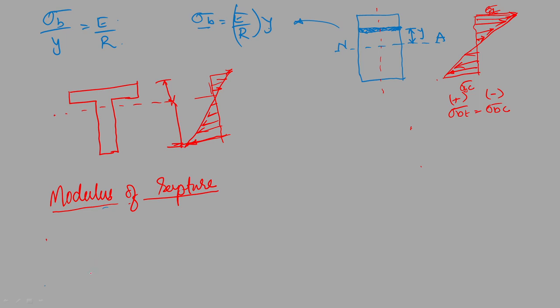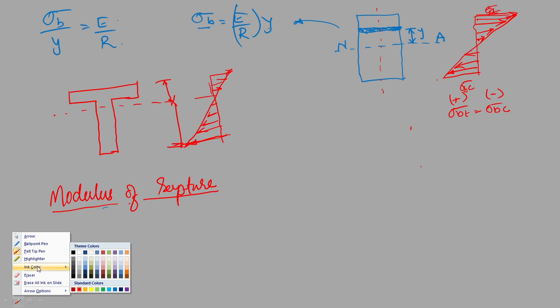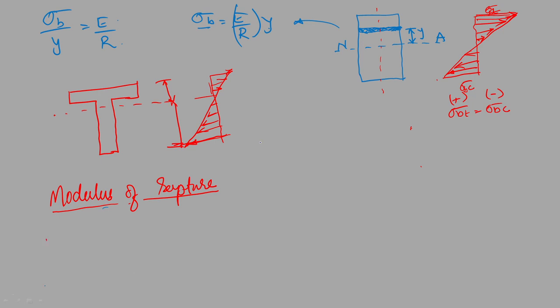But if the proportionality limit is exceeded, the outer surfaces of the component are under plastic deformation and the distribution of stress is not linear, not in the elastic range. It is going to give some curved distribution near the end here.